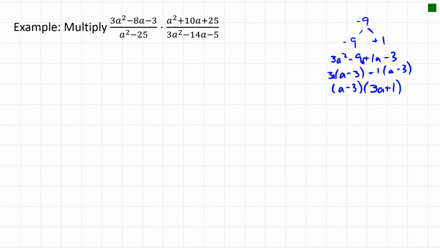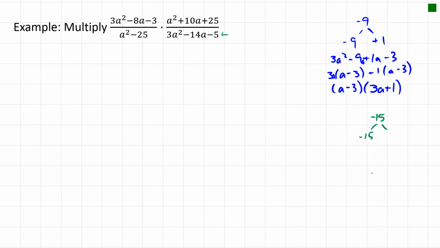So make sure you're comfortable factoring, right? You can see that there's going to be a lot of it in these skills, and if you're not familiar with it yet, you really need to take the time to get consistent with it. So that's my numerator in the first one. The other one I need to spend a little time on is this one down here in the denominator of the second fraction. So I need two numbers that multiply to negative 15 and add to negative 14.